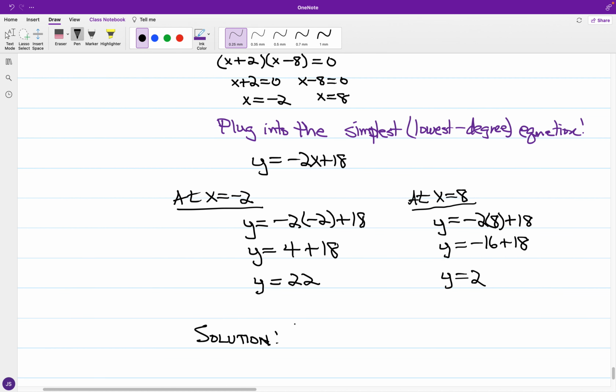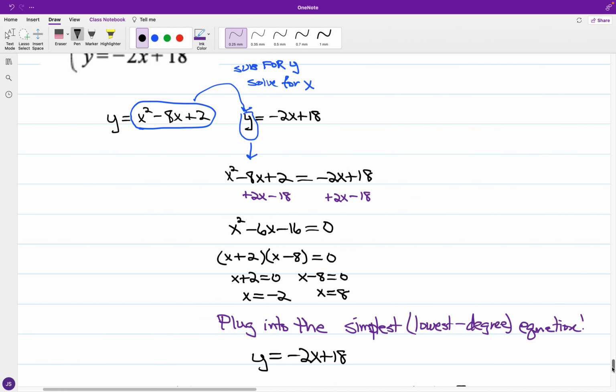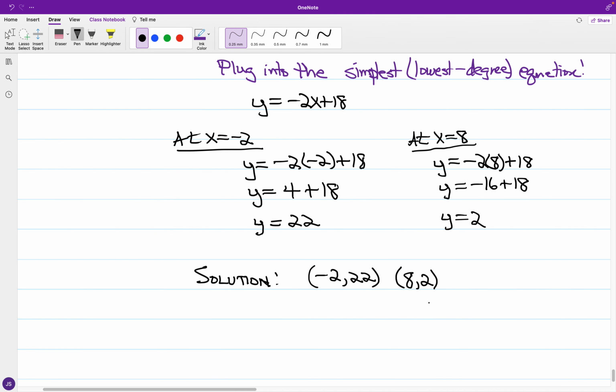For the xy combination, x is negative 2, and when x is negative 2, y is 22. And also whenever x is equal to 8, y is equal to 2. So those are the combinations of x and y that will fit into both equations.